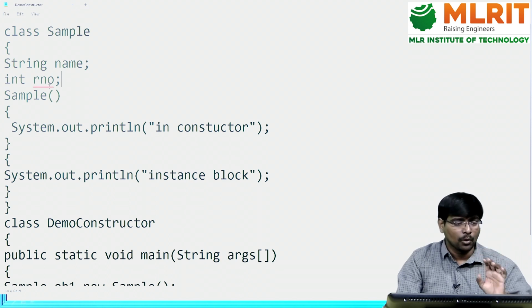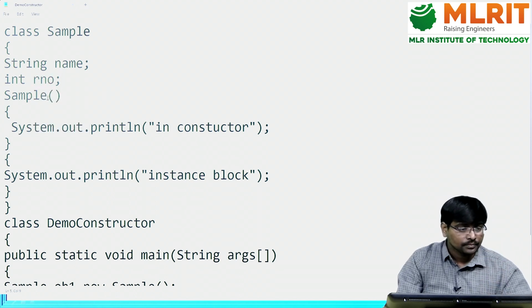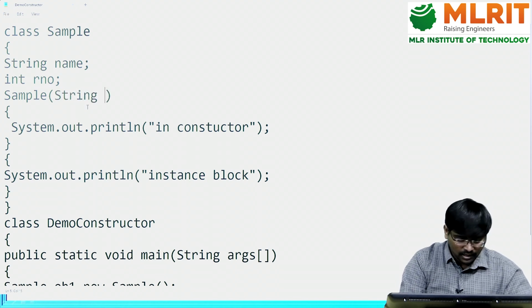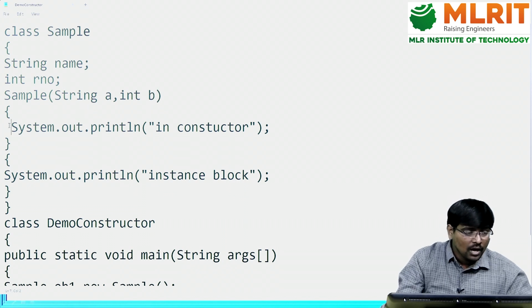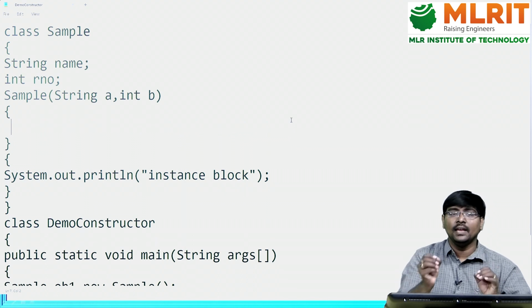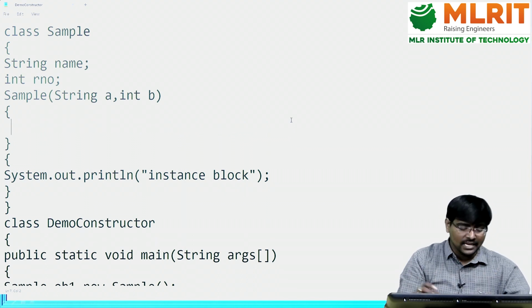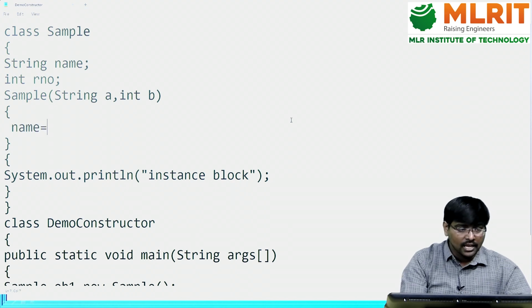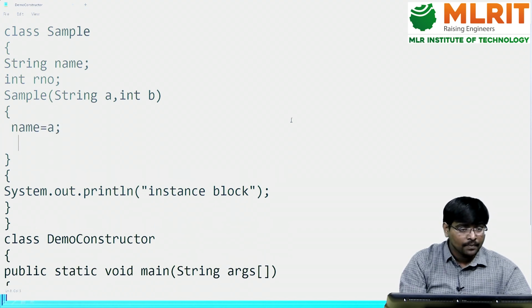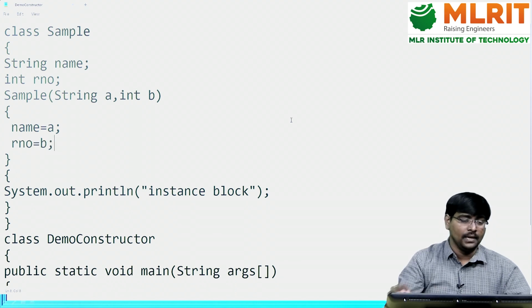Now within this one, the constructor takes string A comma int B. What are we doing inside the constructor? Generally, inside the constructor, we initialize the instance variables. Name is equal to A and roll number is equal to B.